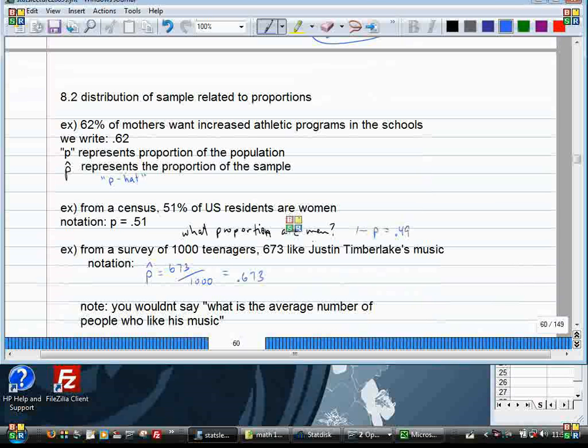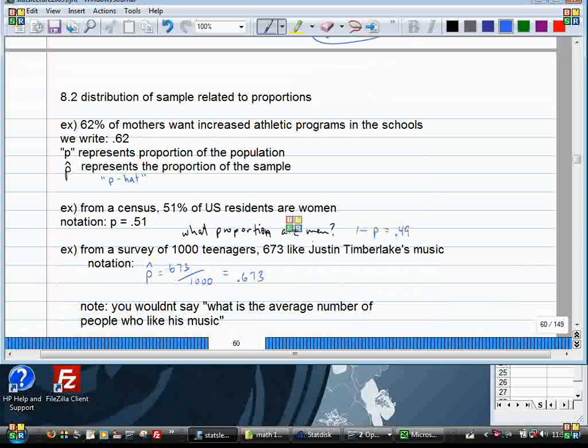That's a proportion. Now again, we're used to thinking of these things as percentages, so you might make the statement that I did a survey and 67% like Justin Timberlake's music. If you're going to express this in English, it's okay to use percent. But we're going to be doing math and calculations, so for all those purposes, you should get used to thinking of all these things as decimal numbers.